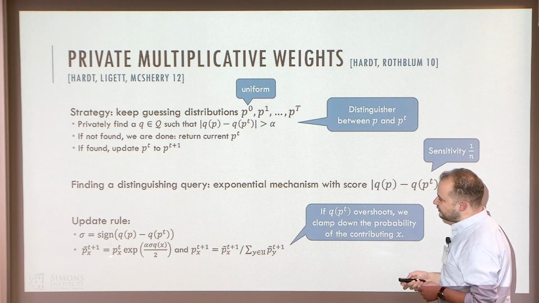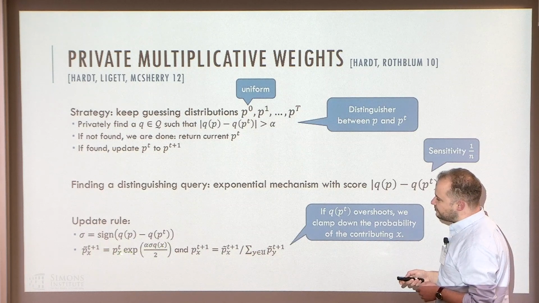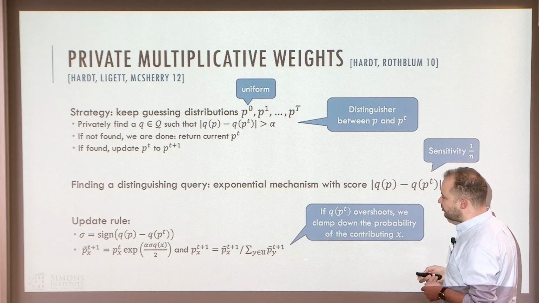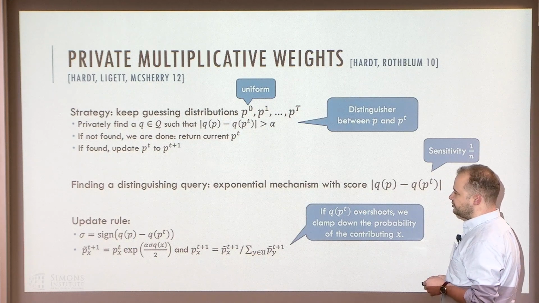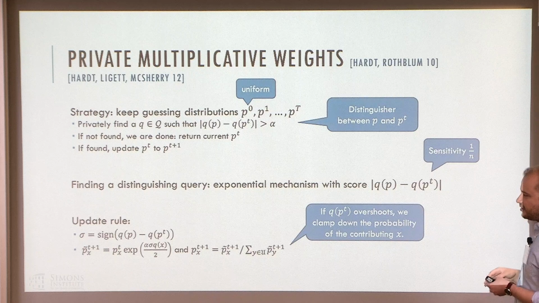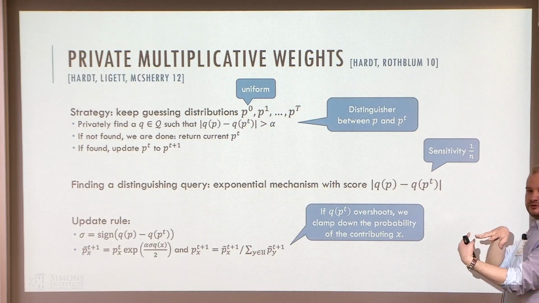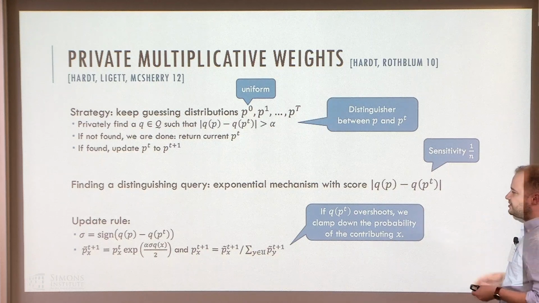So what I'm doing is I'm taking the probability of any element of the universe that contributes to the query, and I'm decreasing this probability by a multiplicative factor, and then I'm renormalizing so that I have a probability distribution again. Okay, so if my current guess is too large, then I look at all the things that contribute to the query and I just decrease those probabilities, and I'll do the opposite thing if I make an error in the other direction.